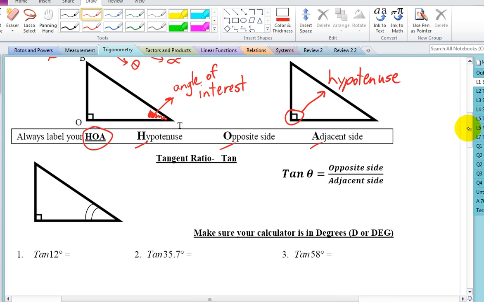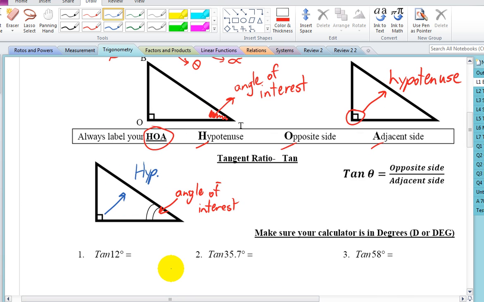So let's practice labeling our HOA. Here, I've told you by this symbol, this is your angle of interest. When we're labeling our HOA, we start with our hypotenuse. That's opposite 90 degrees.